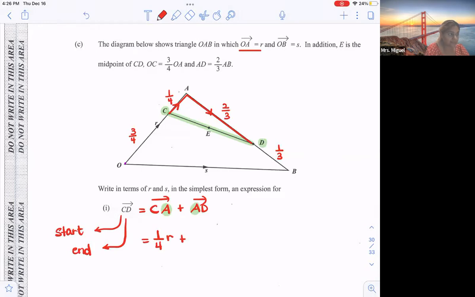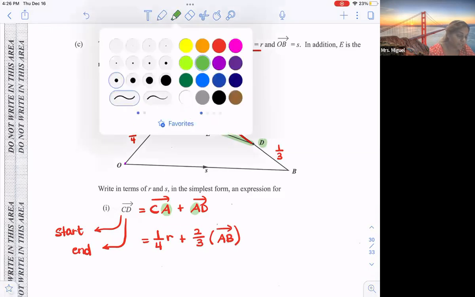AD is 2/3 AB. So it's 2/3 of AB. So we need to find the vector AB because that wasn't given. So watch this.